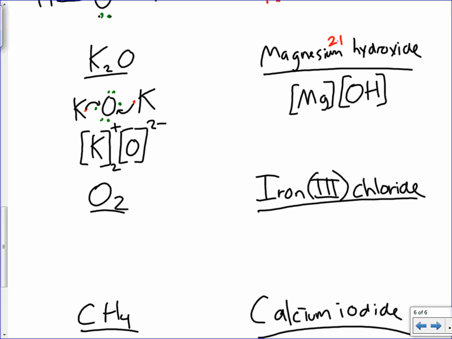Magnesium is in group 2, it's got a 2 plus. Hydroxide is a polyatomic ion with a -1 charge. We're going to crisscross, and Mg(OH)2 is what we're going to get. And write in the charges. So there we go, magnesium hydroxide.